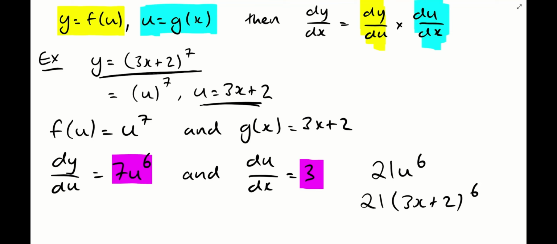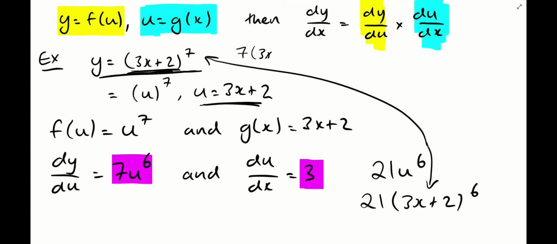And if we look at the relationship between this original function and this derivative, what we're doing is treating this as if we could just take it as 7 lots of 3x plus 2 to the power of 6, but then we just have to multiply by the derivative of what's inside the brackets. So multiplying by that 3 there.